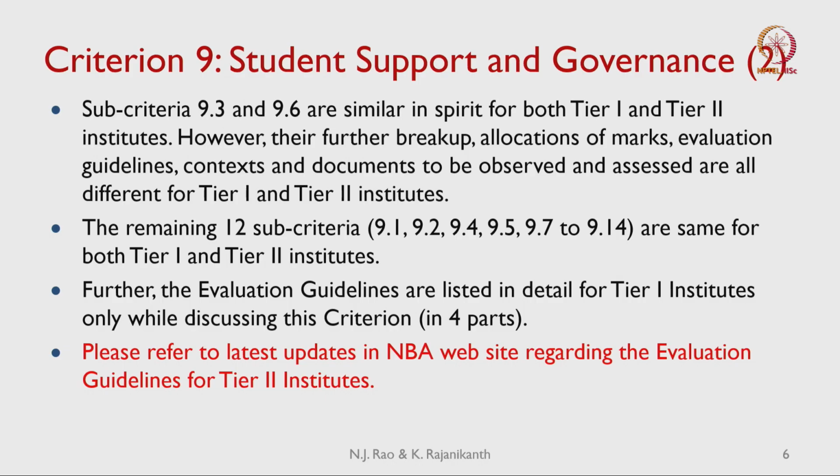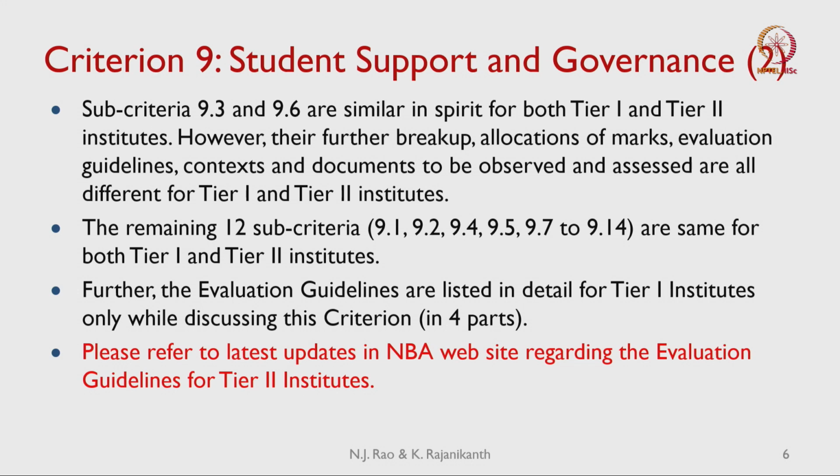However, their further breakup, allocations of marks, evaluation guidelines, context and documents to be observed and assessed are all different for Tier 1 and Tier 2 institutes. The remaining 12 subcriteria, that is 9.1, 9.2, 9.4, 9.5, 9.7 to 9.14, are the same for both Tier 1 and Tier 2 institutes.